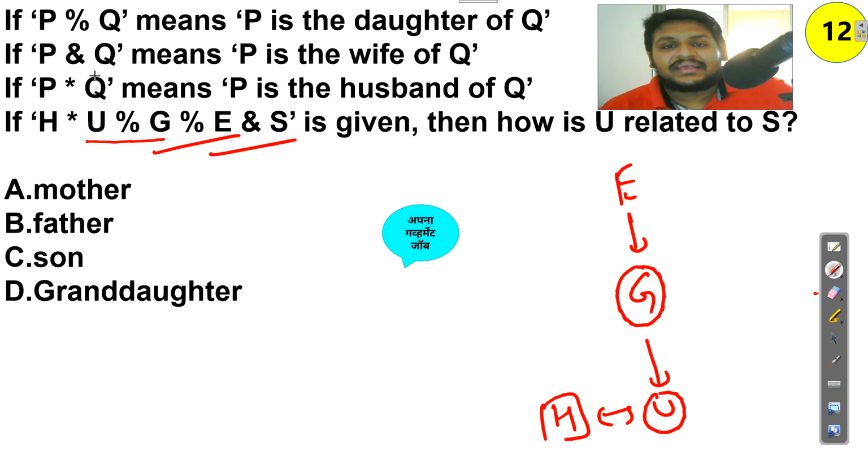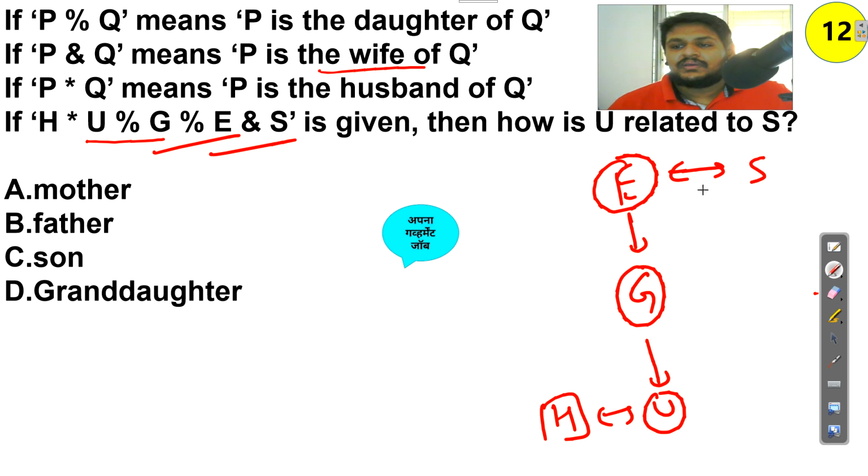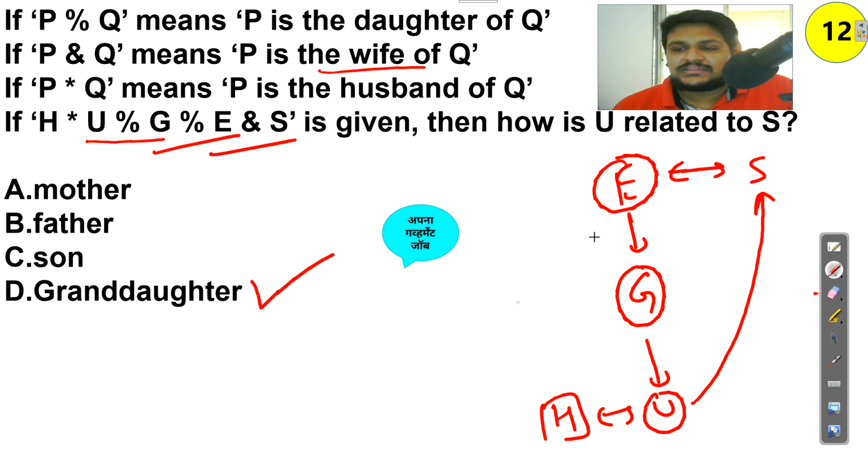And E and S means E is the wife of S. Simple. Now we have to find how U is related to S. So you can see U is the granddaughter. Simple, a two generation gap.